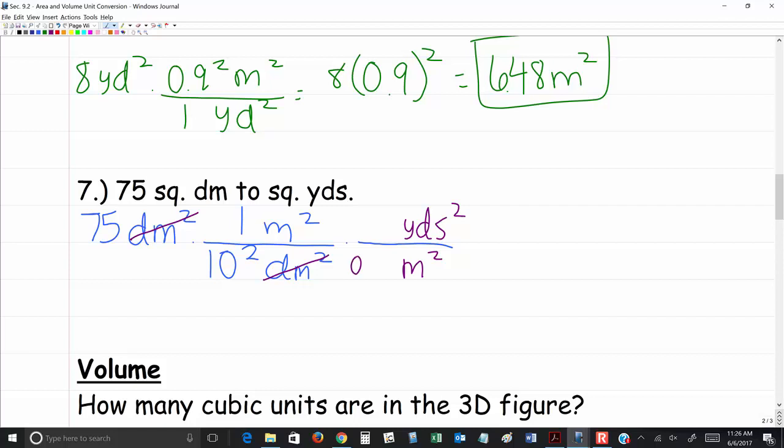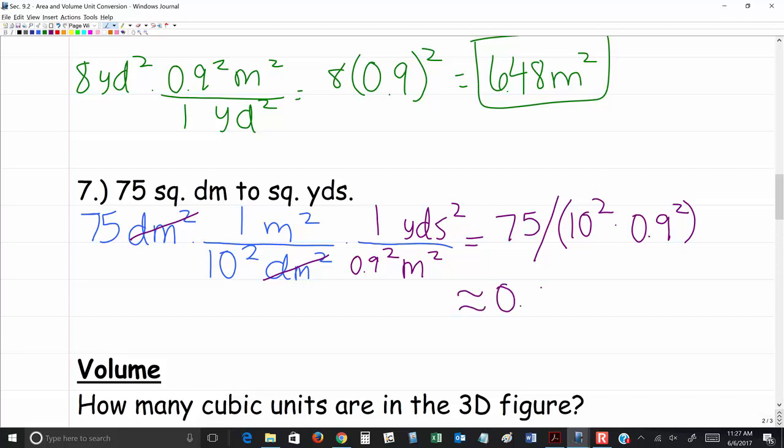So this will be 0.9 squared meters equals 1 square yard. So basically I'm doing 75 divided by parentheses 10 squared, which by the way I know is 100, and then times 0.9 squared. And that is approximately equal to 0.93 square yards.